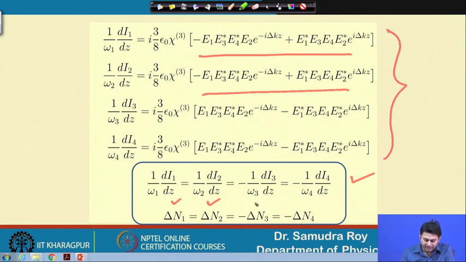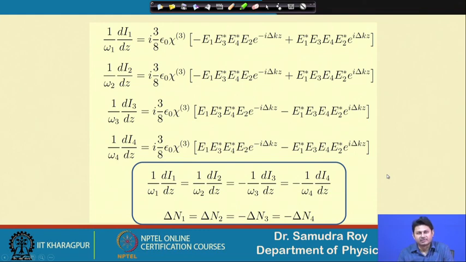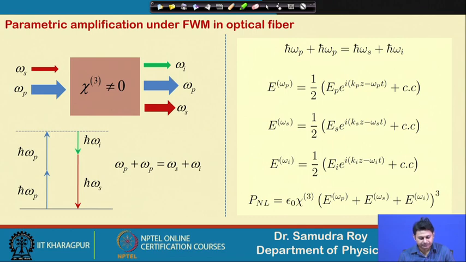So, the change of omega 1 photons is equal to the negative change. So, if I write a minus sign here, omega 1 and omega 2 photons are collapsing to generate an equal number of omega 3 and omega 4 photons. This is basically the physical significance of the Manley-Rowe relation, and we will readily get this expression starting from our old Maxwell's equation, or nonlinear Maxwell's equation. Just evolve the field equation, and from this field equation we can find this expression.